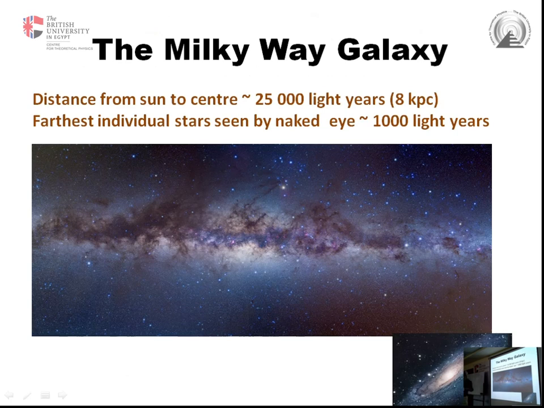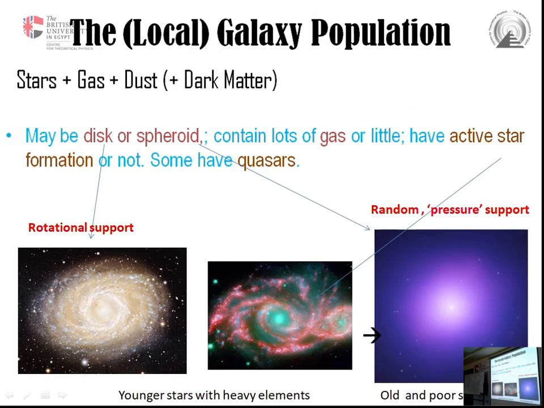So we are not in the center, we are something like 25,000 light years away. The stars you can see with the naked eye are about 1,000 light years away. After that, you need a telescope. But you can see the band of it. This is already quite big.